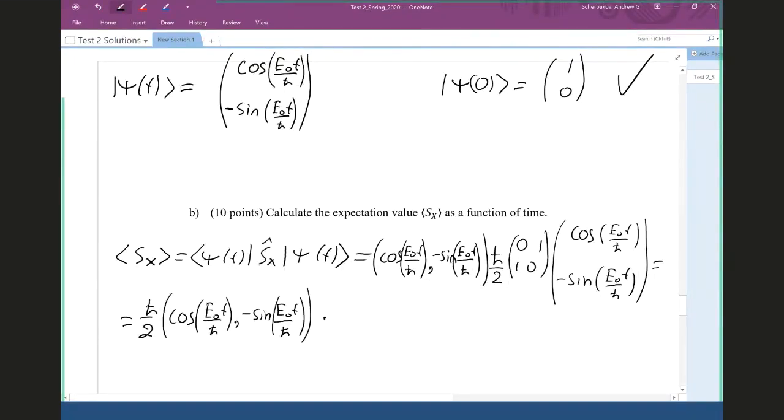Okay, what's the ket? That's going to be negative sine E naught t over h bar, and then cosine E naught t over h bar.